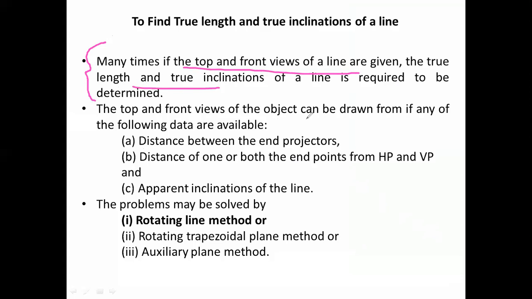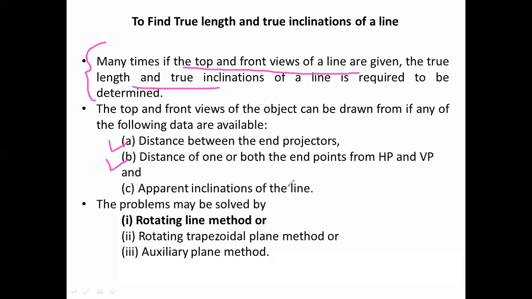The top and front view of the object can be drawn if any of the following data are available. First of all, the distance between the endpoints and projectors is required: the distance of one of the ends from HP and VP. So one point must be fixed. In our problem, point A was fixed.